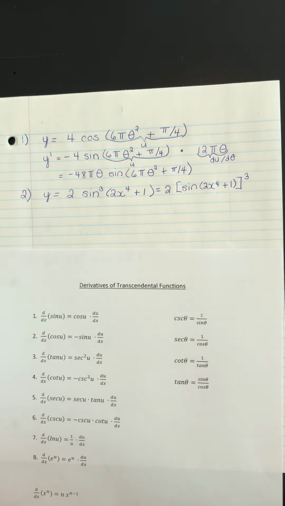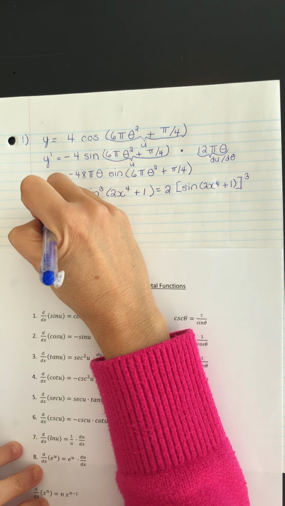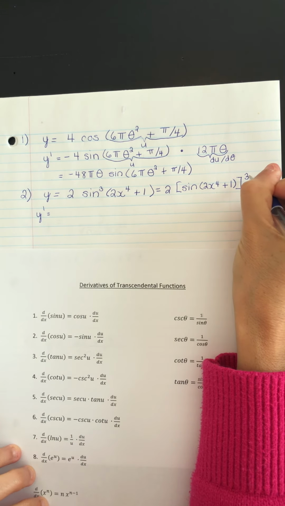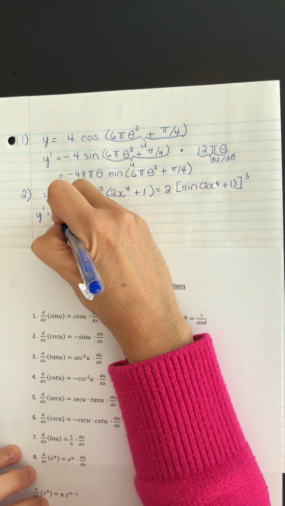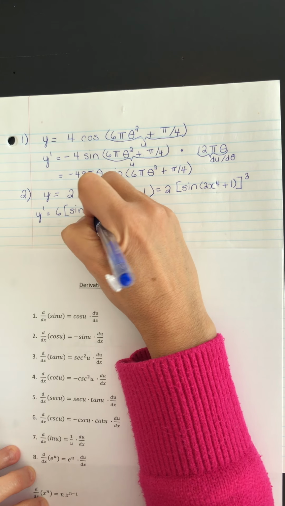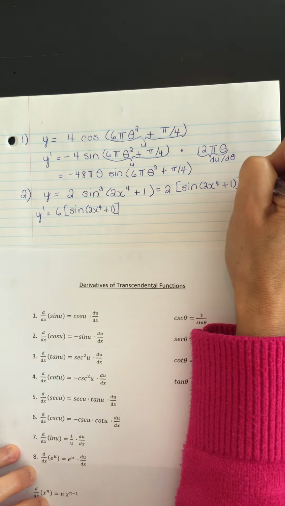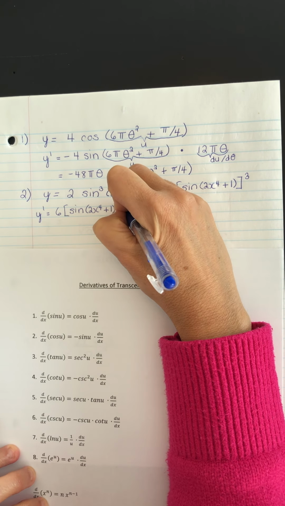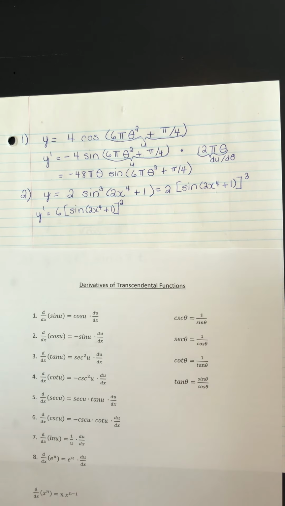And that's what we're going to differentiate. To do this, we're going to use the chain rule. The first thing that happens, the 3 comes forward and multiplies by the 2 here. We will get 6. The inside of this bracket will not change, and the exponent is lowered by 1. So this is the beginning of the chain rule.